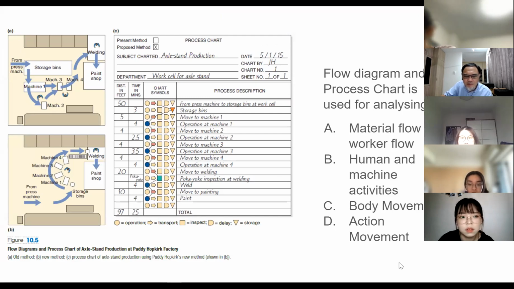Just type in the answer A or B or C or D. The question is: flow diagram and process chart are used for analyzing: A, material flow and worker flow; B, human and machine activities; C, body movement; D, action movement.